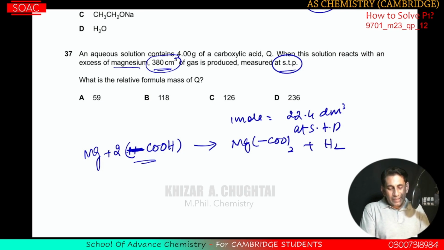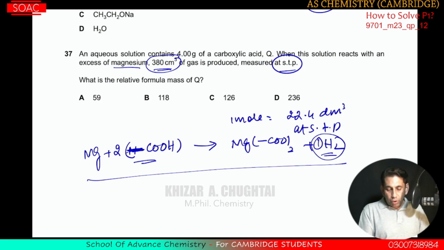So 2 moles of this monoprotic acid are required for balancing the equation. This is the balanced equation. So 1 mole of hydrogen is formed with respect to 2 moles of carboxylic acid and 1 mole of magnesium metal. First of all, I'm going to change this centimeter cube into moles. What is the answer in dm cube?